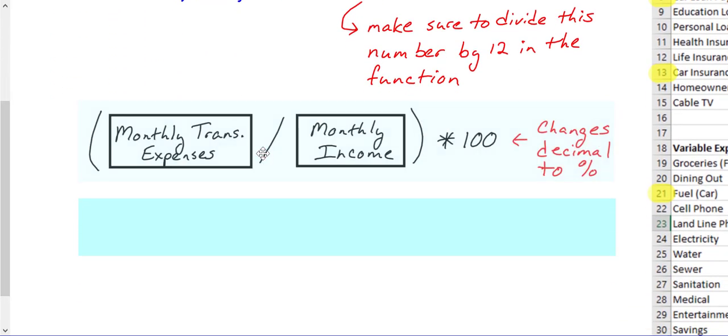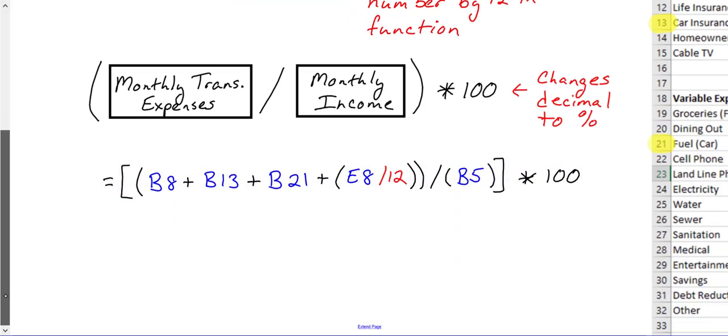So when creating a function, I would write it out first verbally: monthly transportation expenses divided by monthly income. And then because we'll get a decimal, we need to multiply it times 100 to turn it into a percentage. So to write this out, one thing you will notice is that we always start with an equal sign.